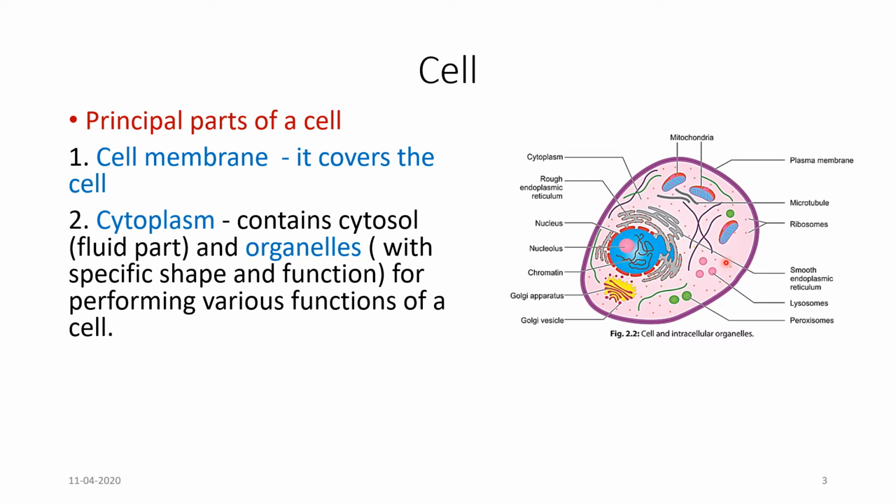The fluid part of cytoplasm is known as cytosol, and the other component are the organelles, each with a specific shape and function. There are several organelles which we are going to study. So these contribute to the functioning of the cell.